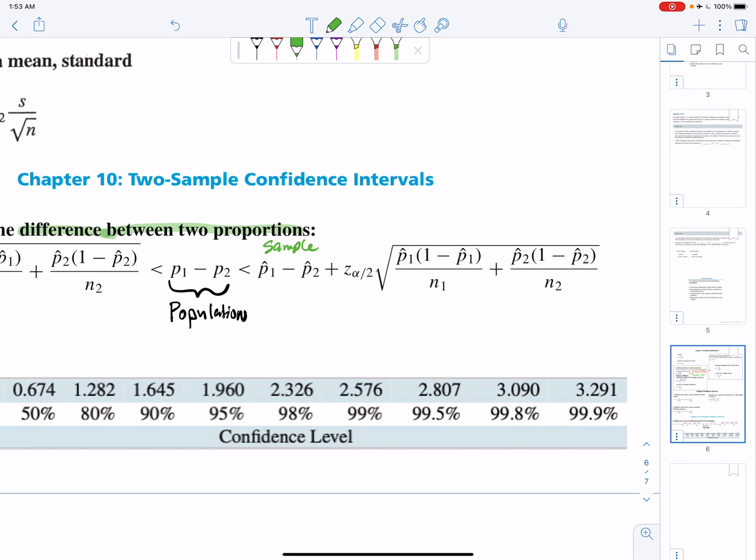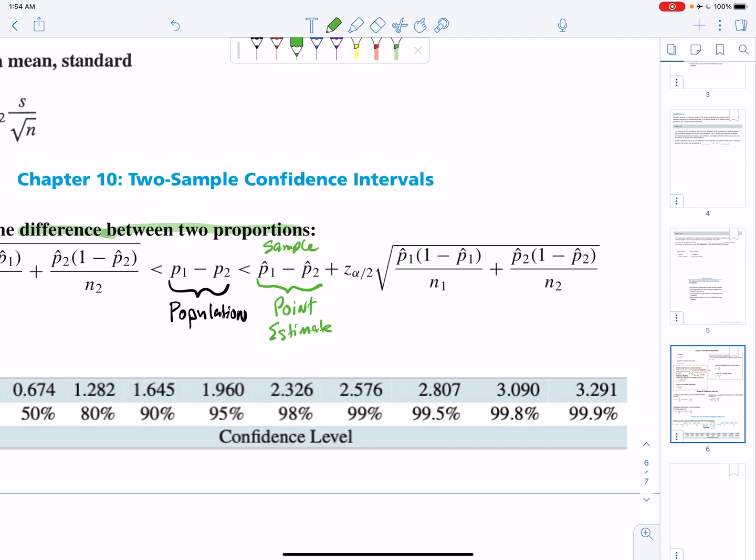So when I take a sample from my first population, I look at the sample proportion p hat for my first sample, and the sample proportion for my second sample. I take the difference. This is called a point estimate.